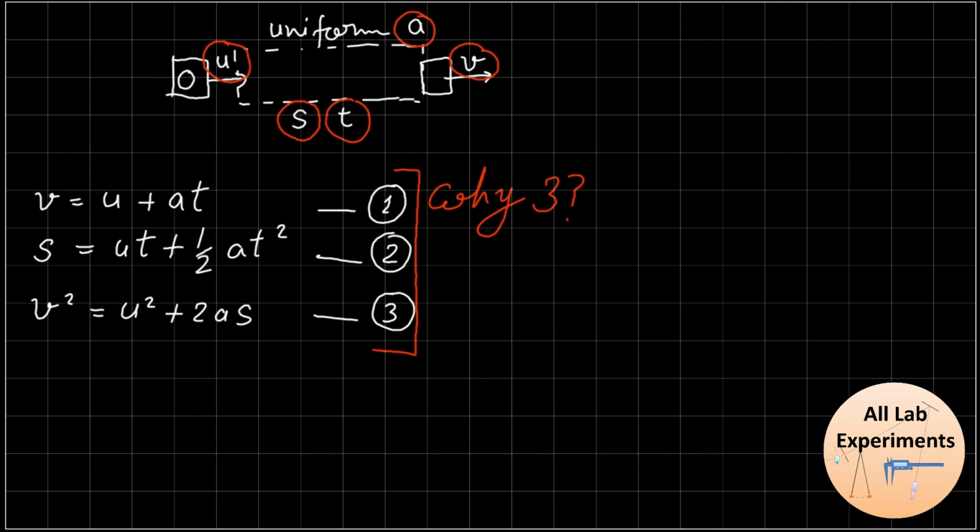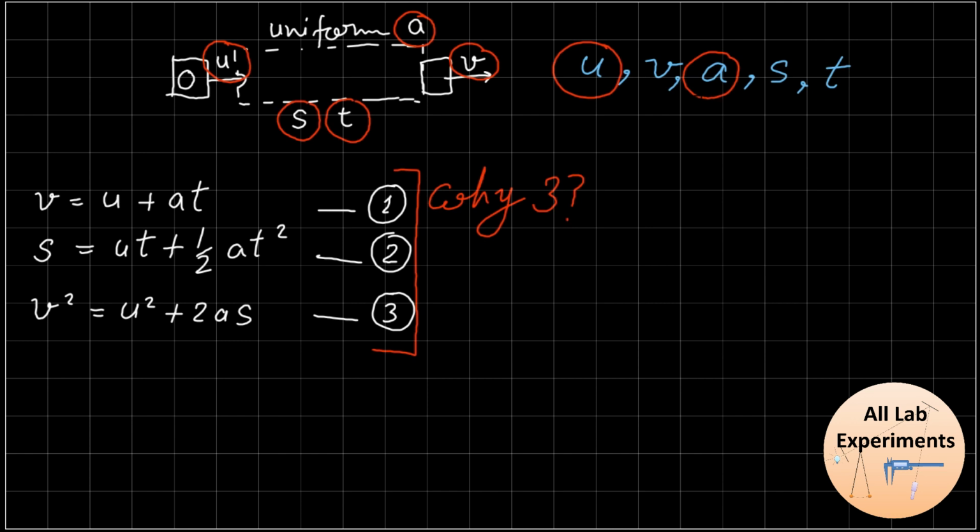First, if you look at this scenario carefully, you will see that we have some quantities like u, v, a, s and t. So there are 5 quantities in this scenario, and if you look at these equations carefully, you will find that u and a are like initial conditions.